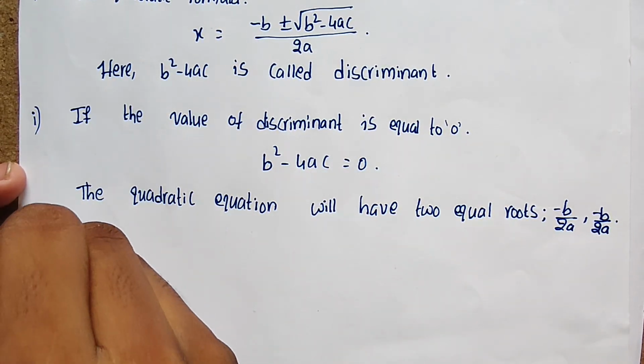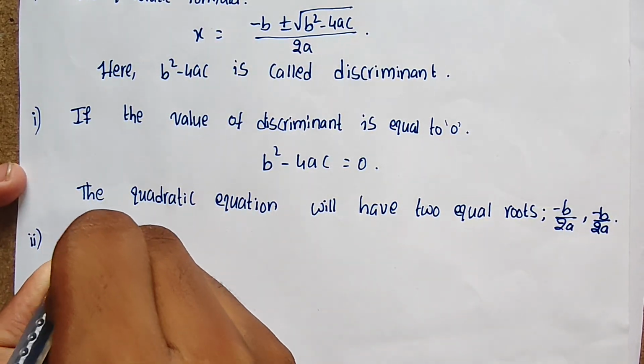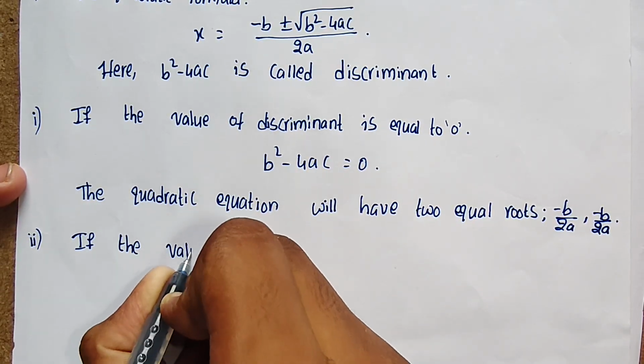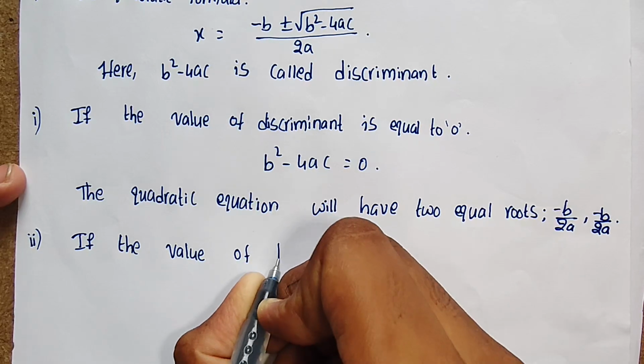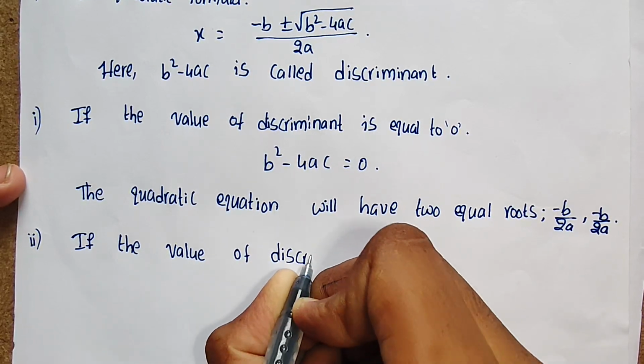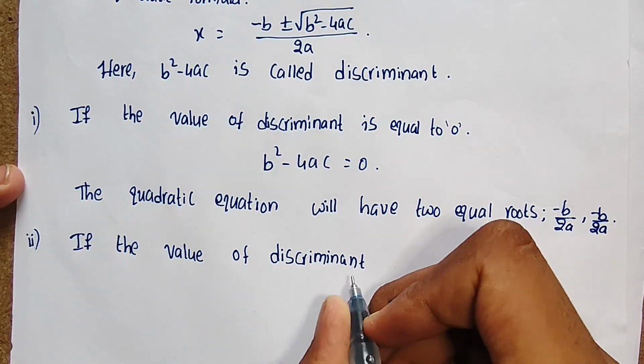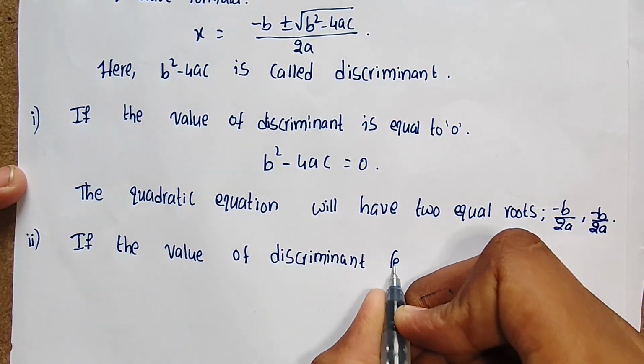Second one is if the value of the discriminant is less than 0.